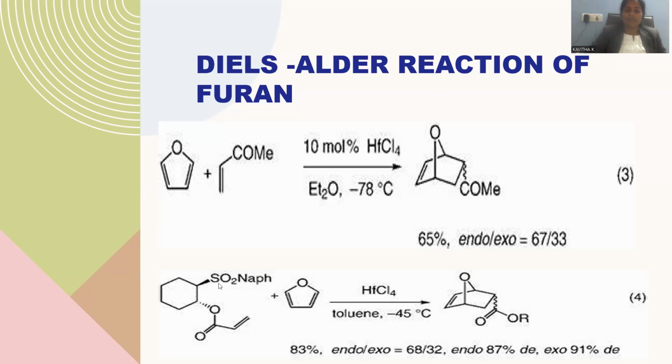And I'm treating this ester containing sulfone moiety, a sodium sulfonate salt will be there, and the furan will be treated over there. Hafnium tetrachloride is the catalyst applied. In both cases you can observe hafnium tetrachloride, right? So it is able to generate again the adduct product.